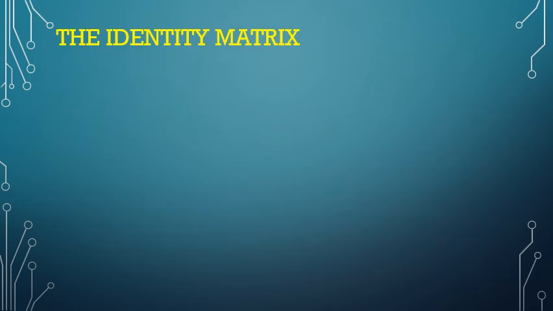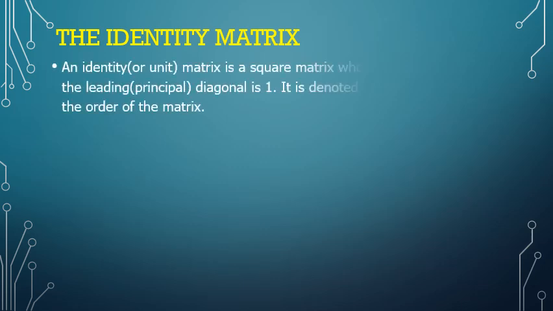Now, another thing that we need to know about matrix multiplication is the identity matrix. The identity matrix exists in addition and also in multiplication of matrices. An identity matrix, also known as the unit matrix, is a square matrix whose every element in the leading principal diagonal is 1.